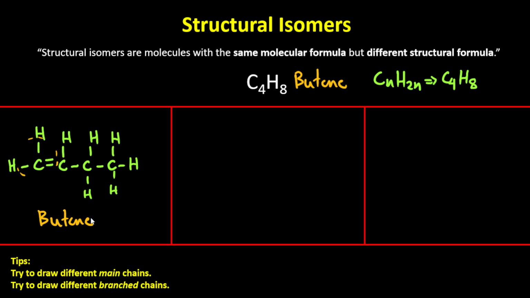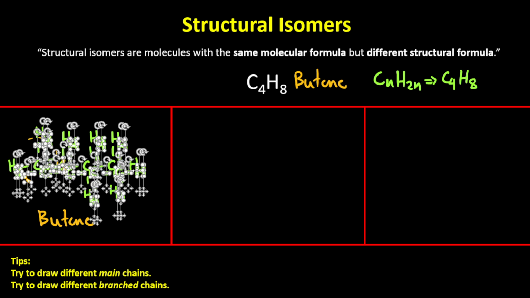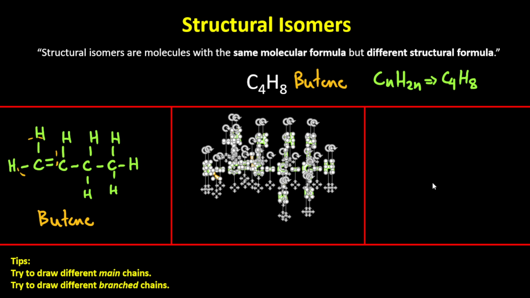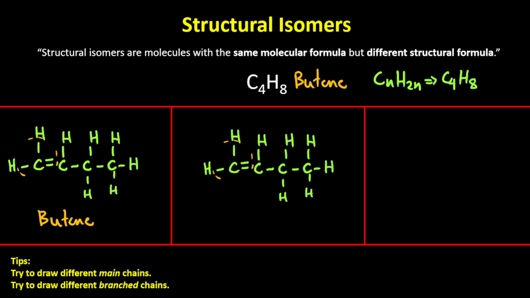Okay. So, it can also be that you can change the location of your double bond, right? So instead of this one, let me just copy this. Put this up here. And change the location of my double bond to the second here.